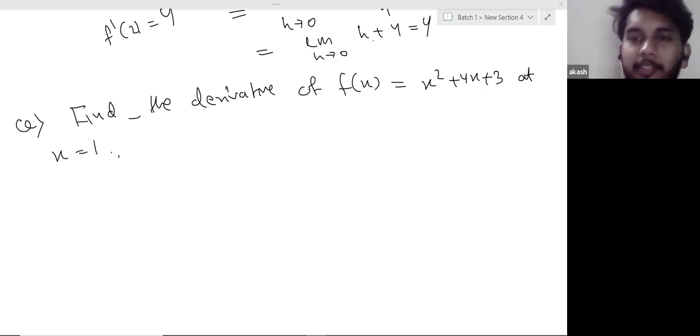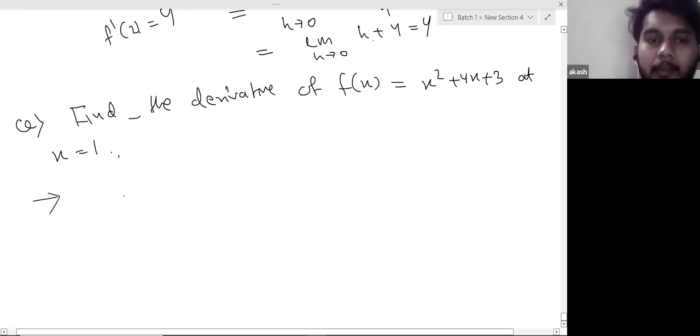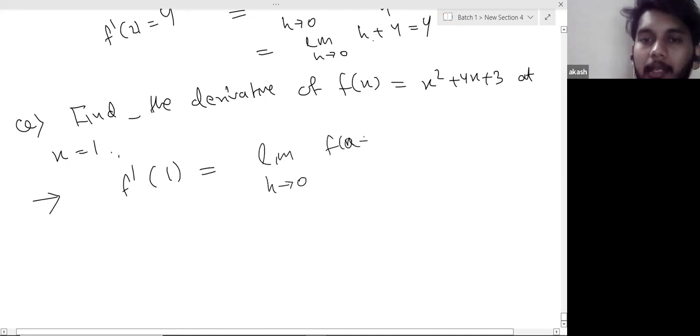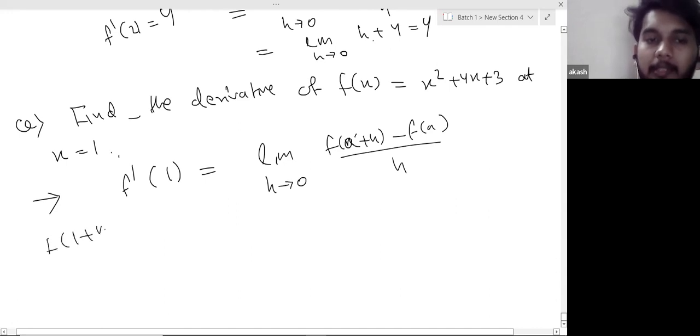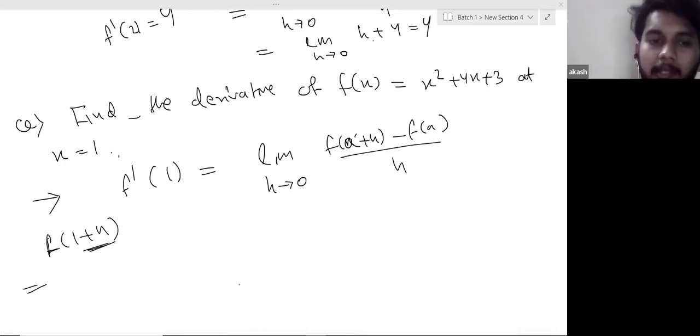Did you just differentiate this? Let's see. So f dash 1 we can write as limit h tending to 0 of f of a plus h minus f of a upon h. So a here is 1. So let's try to find out f of 1 plus h first. We'll put this value in this function, x squared plus 4x plus 3.